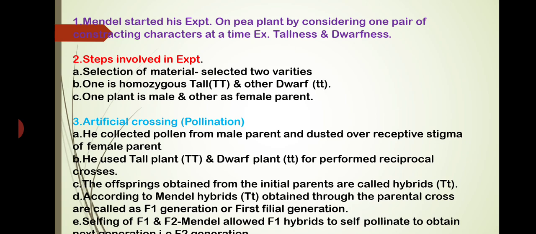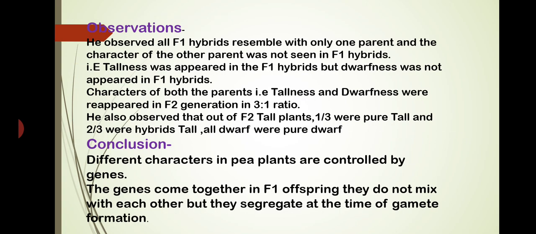Selfing of F1 to get F2: Mendel allowed F1 hybrids to self-pollinate to obtain the next generation, the F2 generation. Mendel observed that all F1 hybrids resembled one parent and the character of the other parent was not seen in F1 hybrids. That is, tallness appeared in F1 hybrids, but dwarfness did not appear.